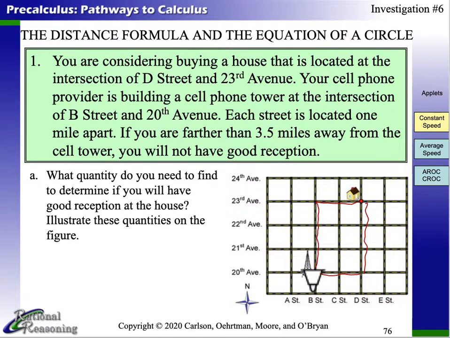But what we really want to know is the distance from one point to another, and for that, we're looking for the straight line distance.